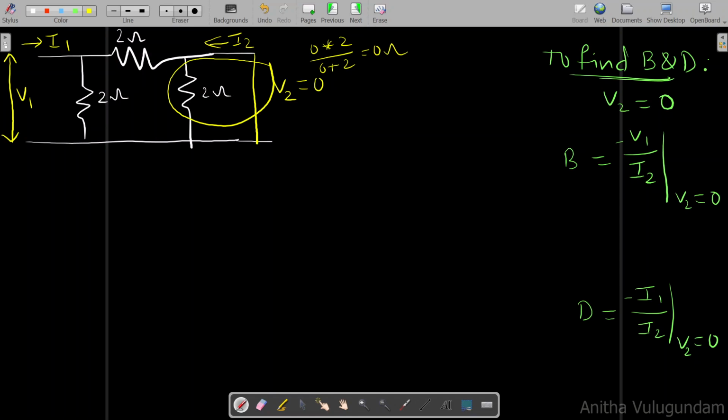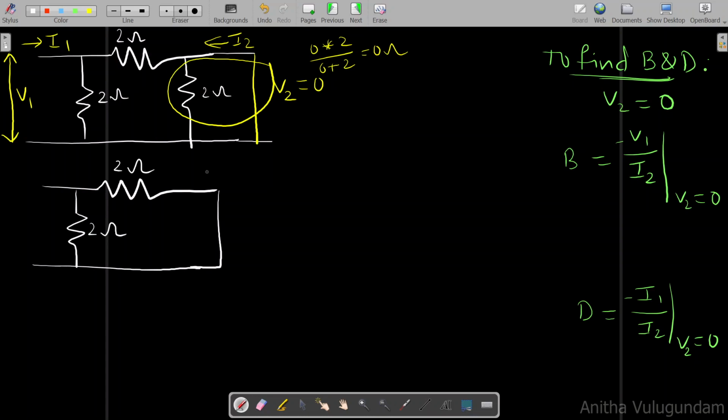So we can just redraw the above circuit like this, I1 and this is V1. From this circuit, we'll find out the values.